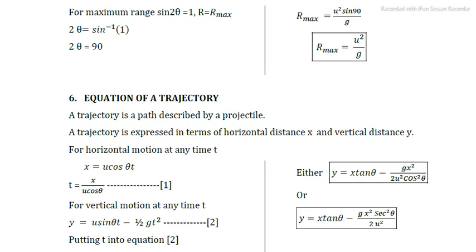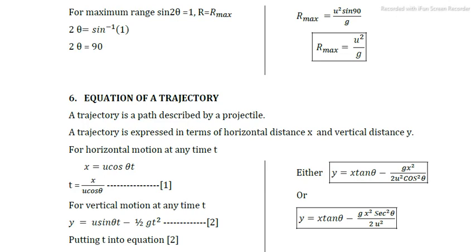And therefore that gives us the maximum range as u squared over g, because sin 2 theta equals 1, and the 2 theta now will be 90, because for that case theta is 45, then 2 theta will be 90, and the sine of 90 is 1.